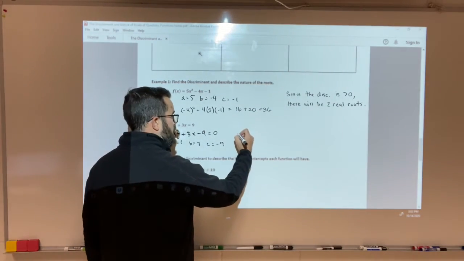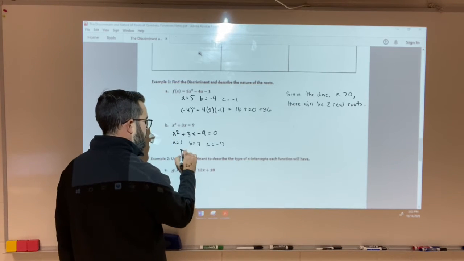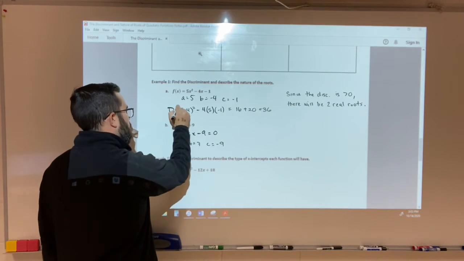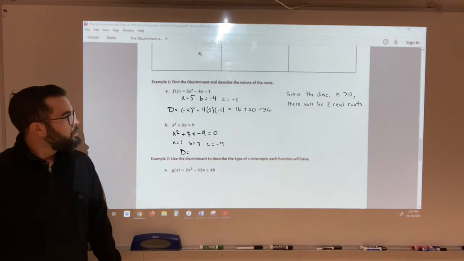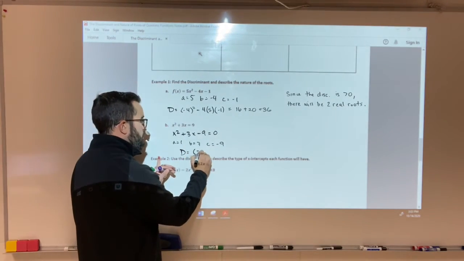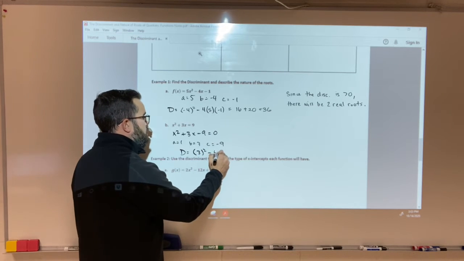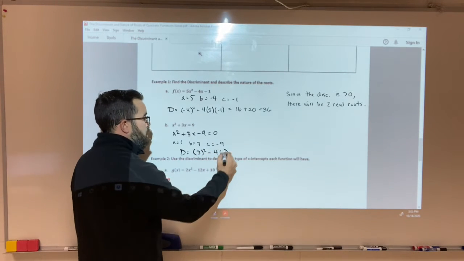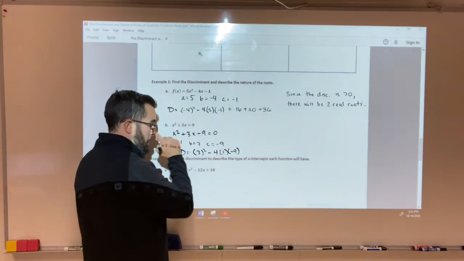Now, the discriminant, I guess I should write capital D to notate what I'm actually finding. The discriminant is equal to b squared, so 3 squared, minus 4 times A, which is 1, times C, which is -9.